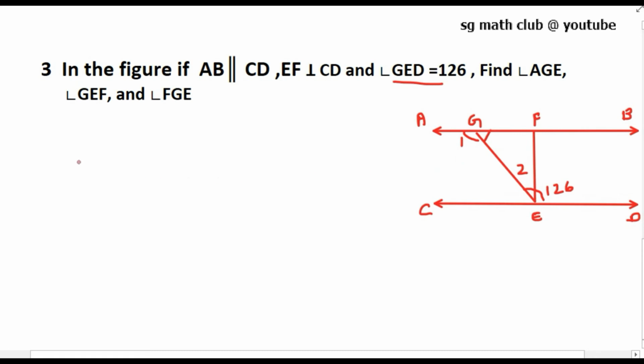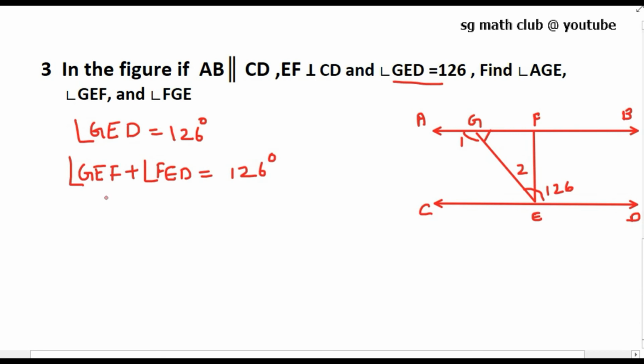So first they have given angle GED equal to 126 degree. Since GED is 126 degree, angle GED I can write as angle GEF plus angle FED. This is equal to 126 degree. Angle GEF plus FED, where FED is 90 degree, is equal to 126.